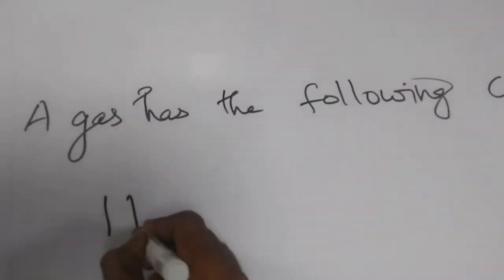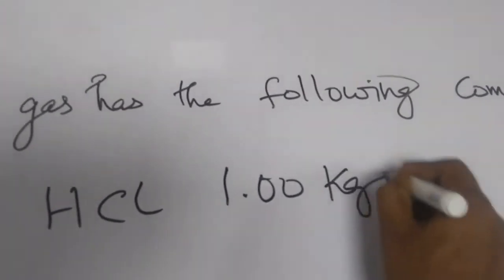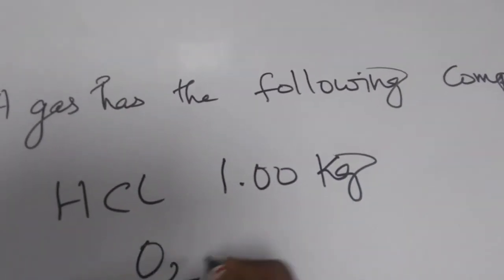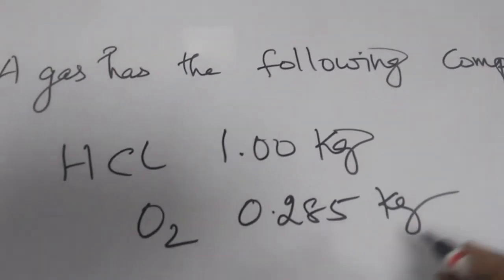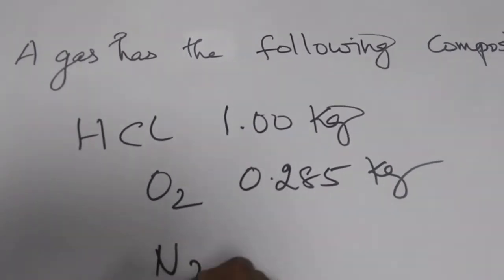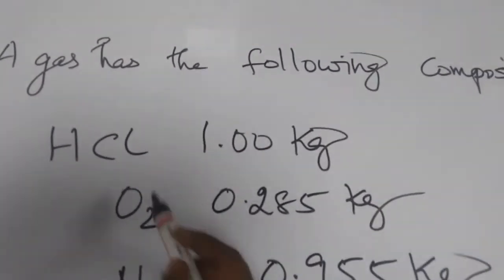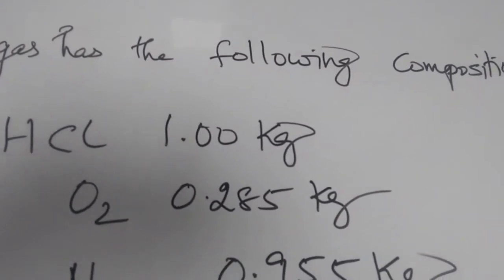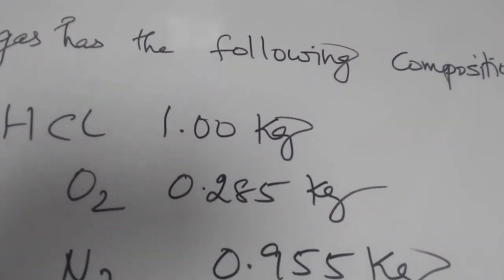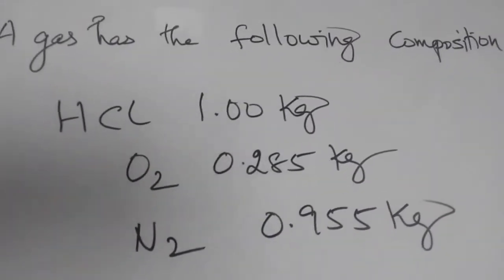It is given HCl, hydrochloric acid, 1 kg, oxygen 0.285 kg, nitrogen 0.955 kg. Hydrochloric acid 1 kg, oxygen 0.285 kg, nitrogen 0.955 kg. Express the composition by weight percentage.